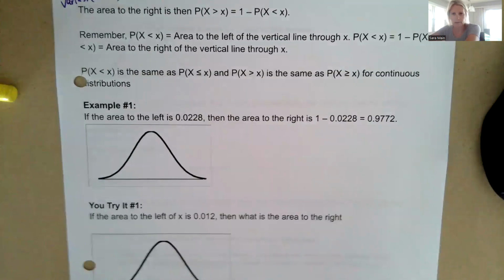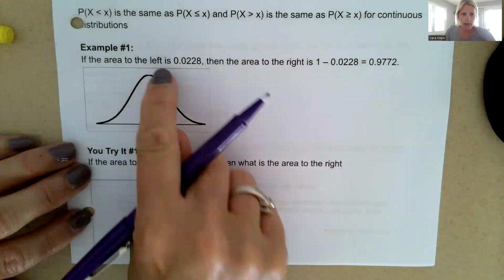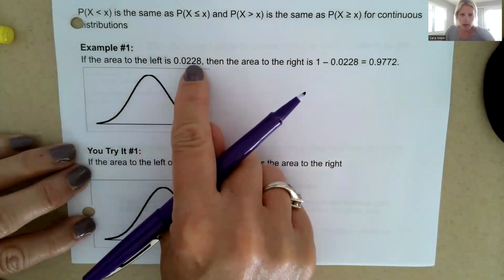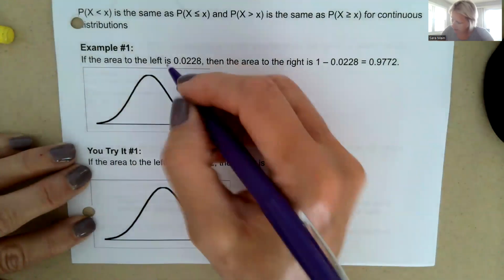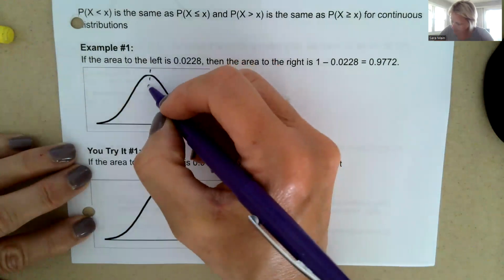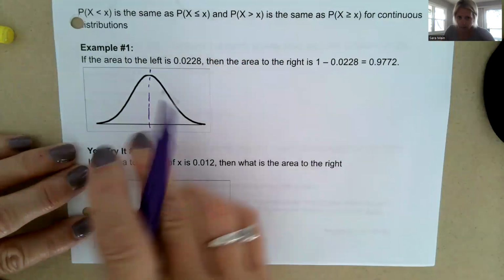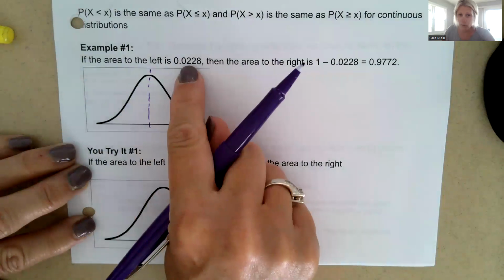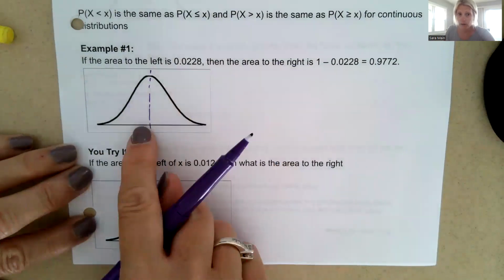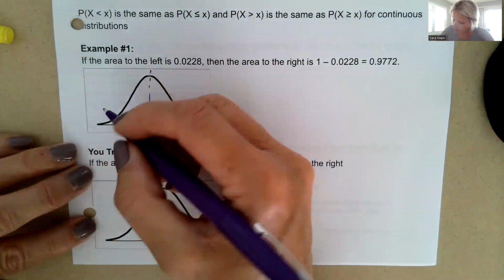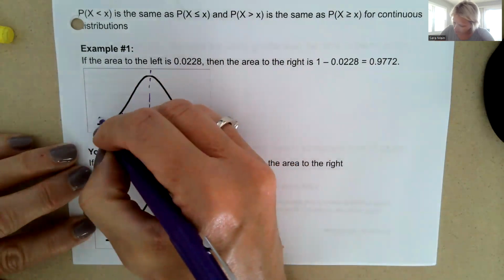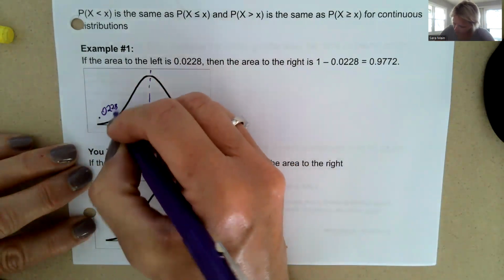So let's just draw a few so we can start getting a feel for that. If the area to the left is 0.0228, and because half would be here, right? This would mark half on the left and half on the right. 0.0228 is much smaller than half. So we know that it's over here. So this is 0.0228.